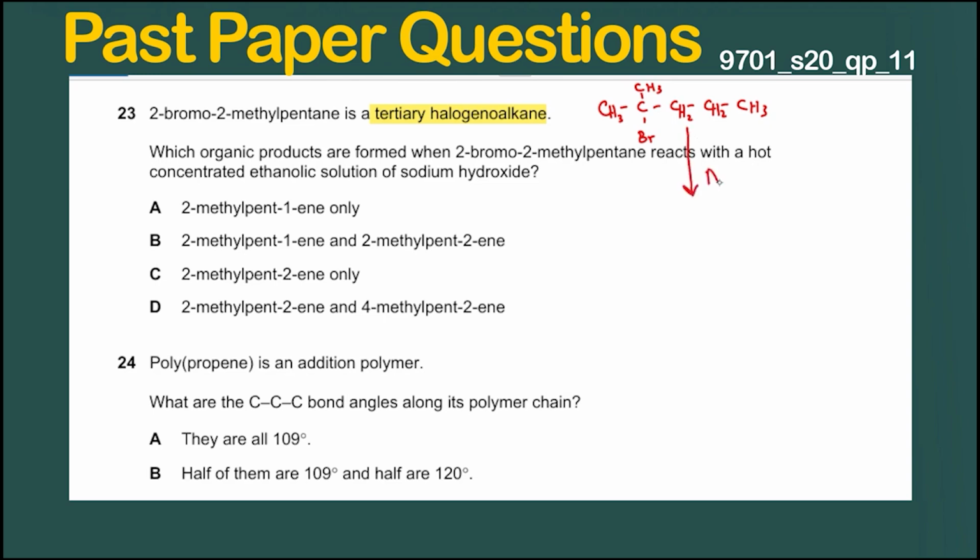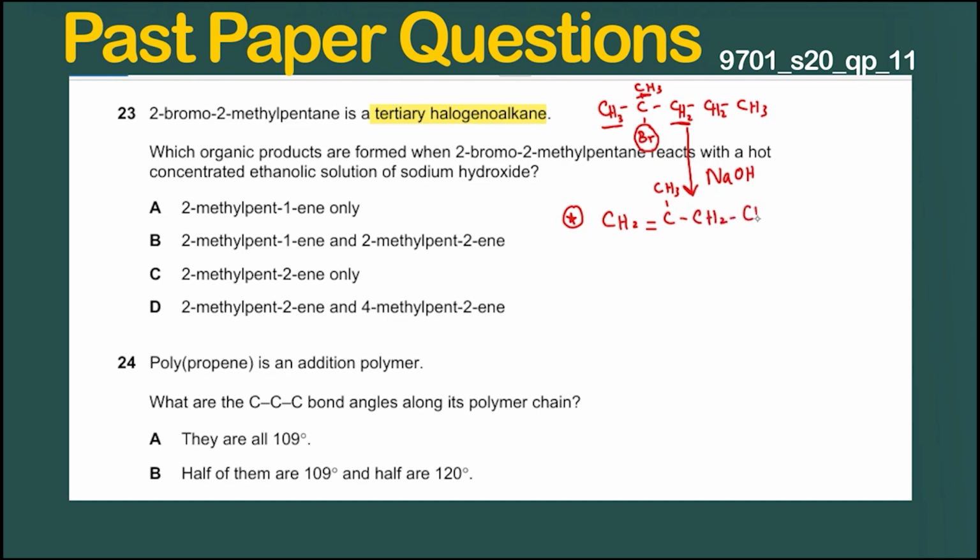So when it reacts with alcoholic sodium hydroxide, beta ji, an elimination reaction will take place. Br will be removed from this side and H will be removed from this carbon, or from this carbon. So these are three possibilities. So beta ji, let's make the products. CH2, C, CH3 will remain the same, and here we have the double bond.